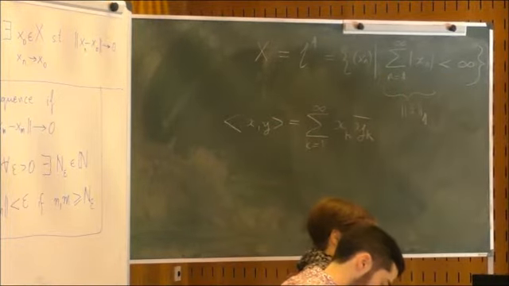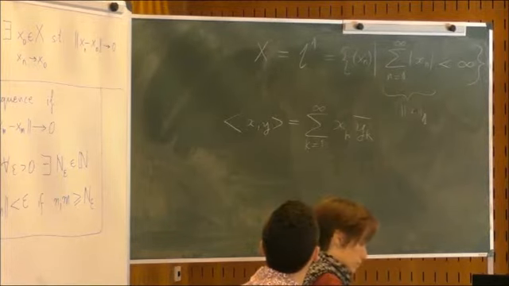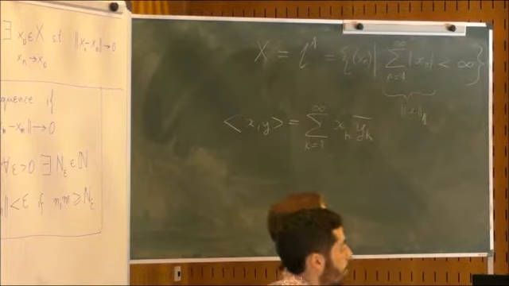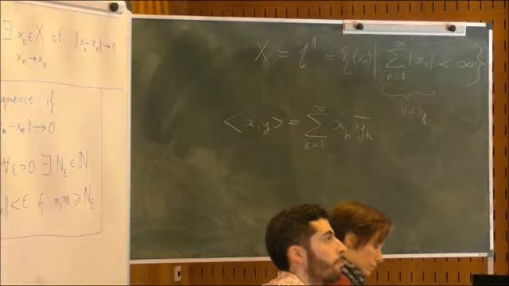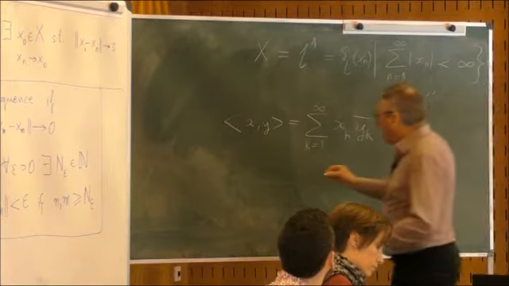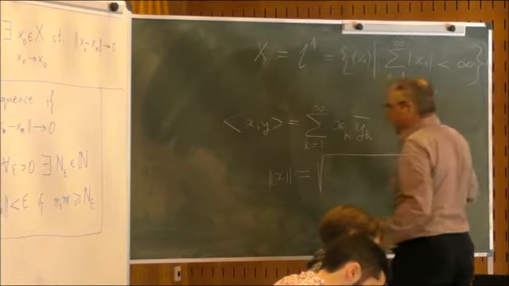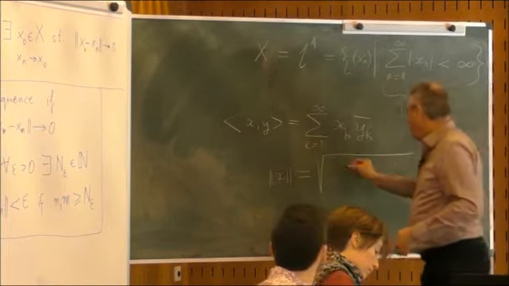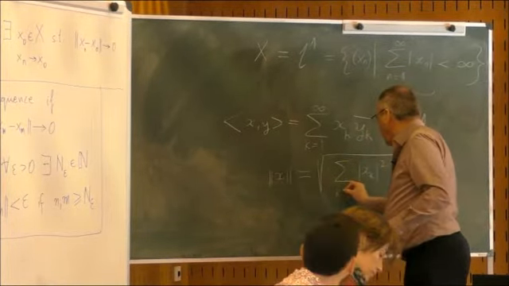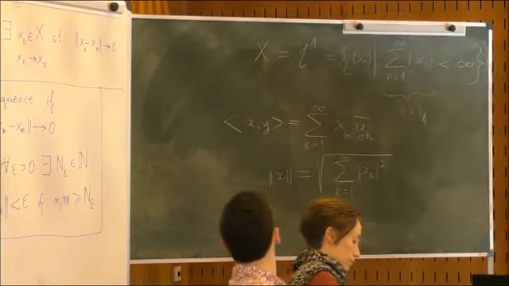It's easy to see that this is an extension to infinity of the inner product we had earlier: instead of summing from 1 to n, we sum from 1 to infinity. This can be checked easily, and of course it defines a norm. The corresponding norm is the square root of the inner product of x with itself, which means the square root of the sum of the absolute value of x_k squared, k from 1 to infinity. Is that clear?